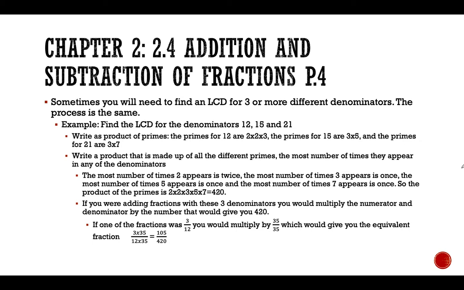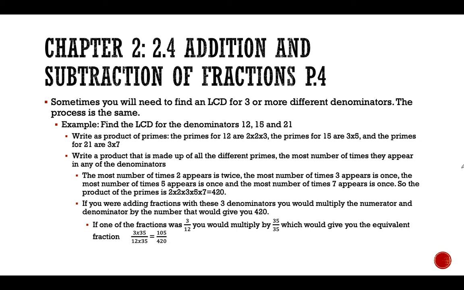The most number of times 5 appears is once. And we also have 7, and the most number of times 7 appears is once. So our product is going to be 2 2's, 1 3, 1 5, 1 7. 2 times 2 times 3 times 5 times 7 which equals 420.